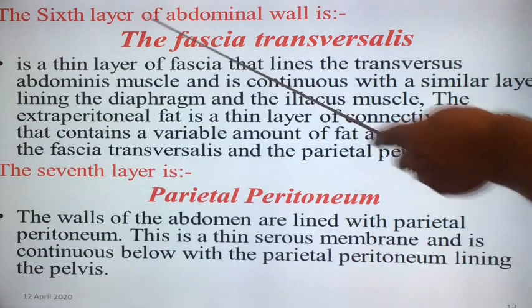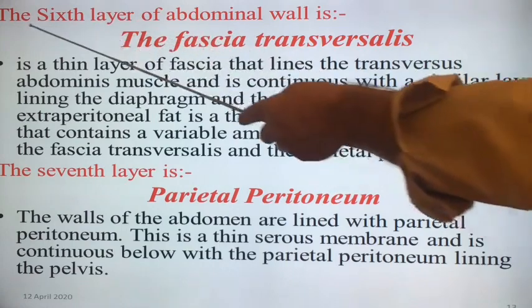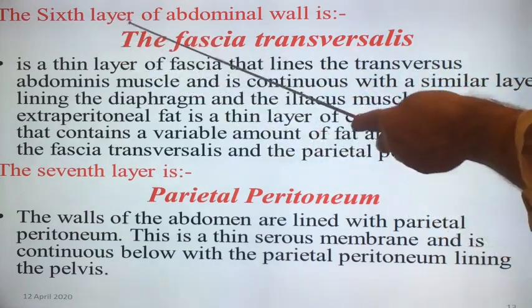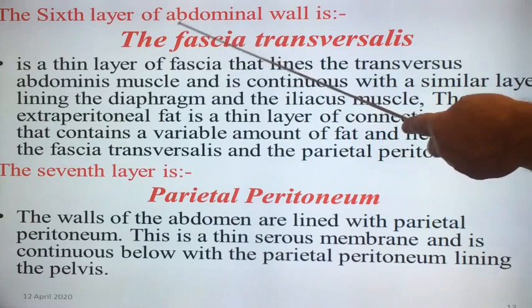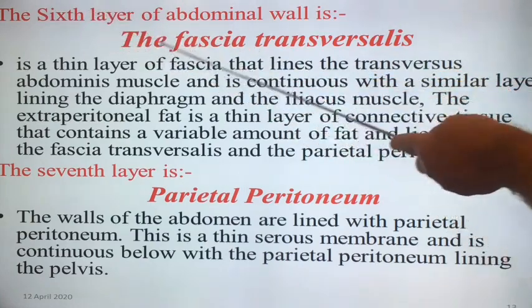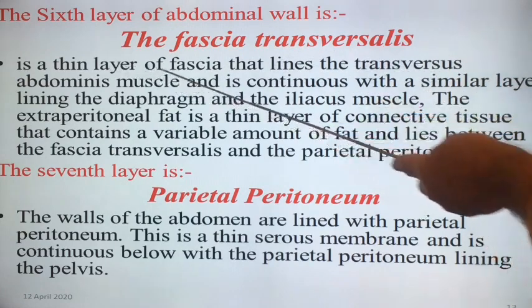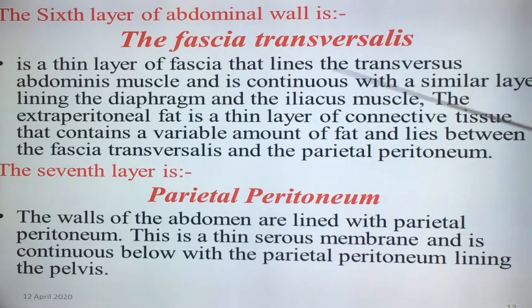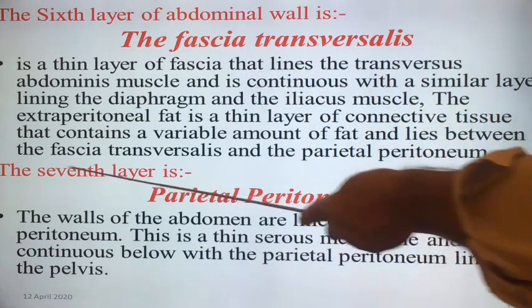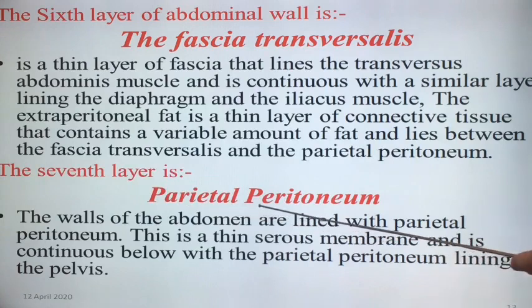Now, who remembers the layers of the abdominal wall? We start with the skin, subcutaneous tissue, fascia, and the 3 layers of muscles. Now we are reaching the 6th layer, which is the fascia transversalis, a thin layer of fascia that lines the transversus abdominis muscle. The seventh layer is the peritoneum. But which peritoneum?